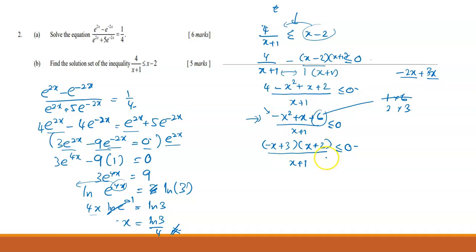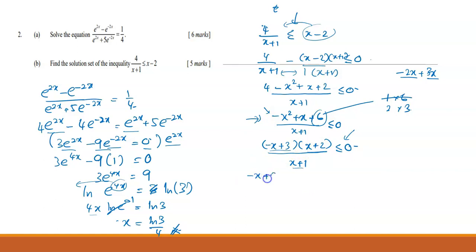Now, class, in this case, no matter whether the sign is greater than or equal, less than or equal, we just assume first that all these linear functions are positive.